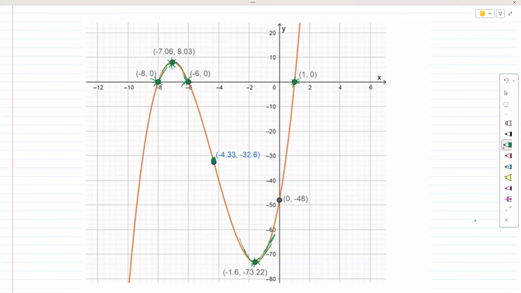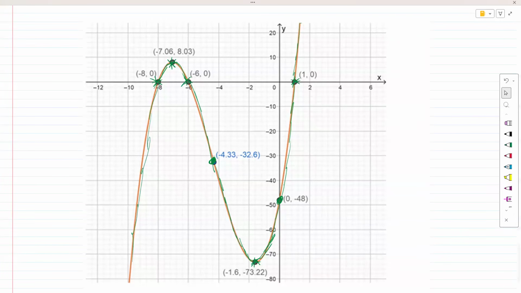Then I would plot my point of inflection and join there. I would plot my y-intercept and try and join that. And then it would be very simple to draw, right?